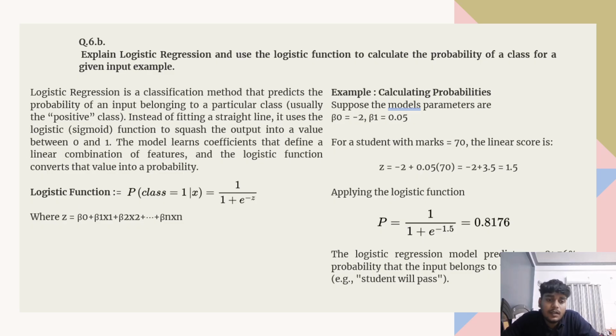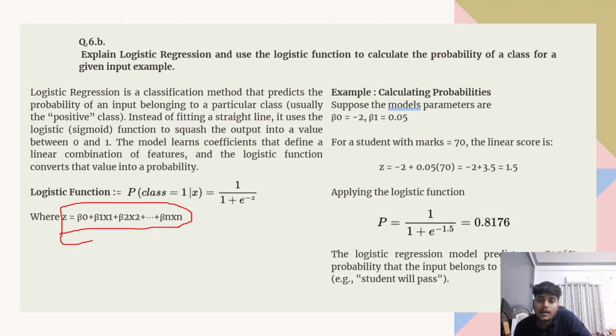into probability. The logistic function is P(class equals 1 given x) equals 1 upon 1 plus e to the power minus z, where z equals beta 0 plus beta 1 x1 plus beta 2 x2 and so on up to beta m xm. Calculating probability.